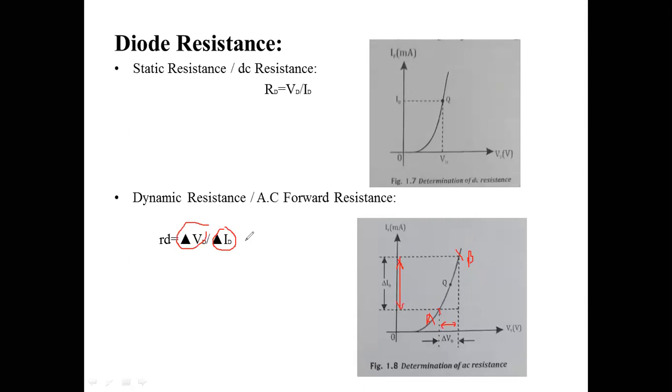The ratio of change in voltage to change in current gives the dynamic resistance, or AC forward resistance. Did you understand this? These are the two resistances: static or DC resistance, and dynamic or AC forward resistance.